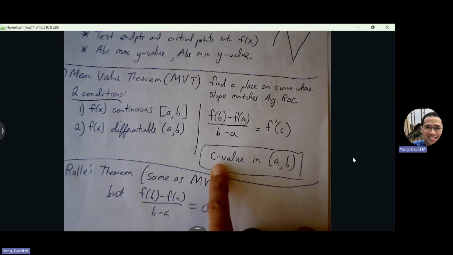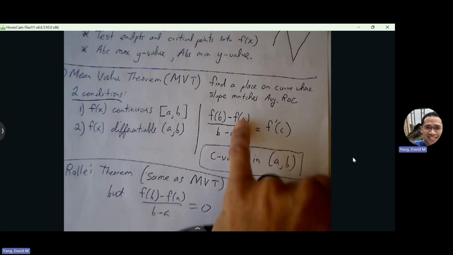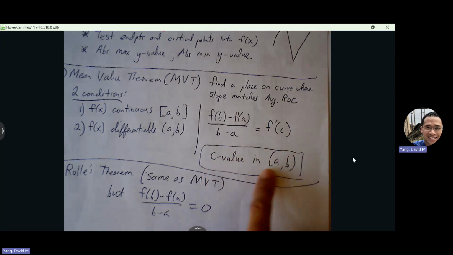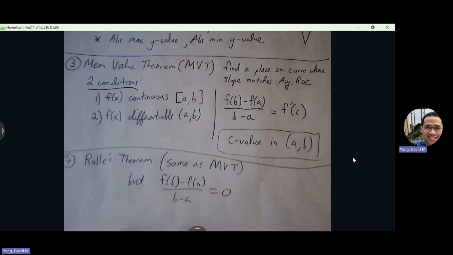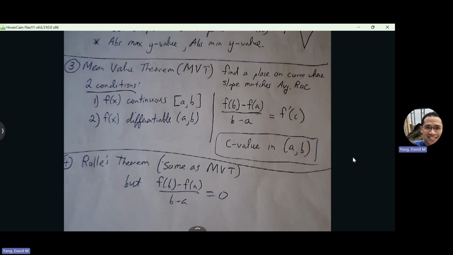Our x is our quote-unquote c value, and where does the c value have to live once we solve for x? Yeah, inside the interval. So it has to be between the interval. If it's at the endpoint, we have to remove it. But you're guaranteed at least one to be sitting inside between the interval. If there's more than one inside the interval, then you can keep both as your solution. But you're guaranteed at least one. An endpoint is outside the interval.